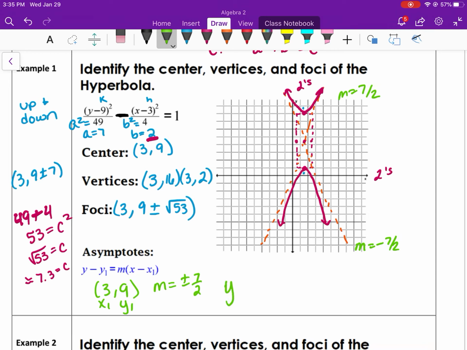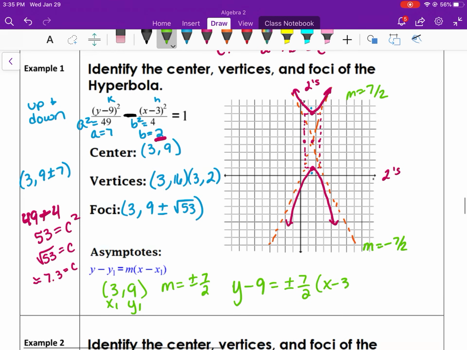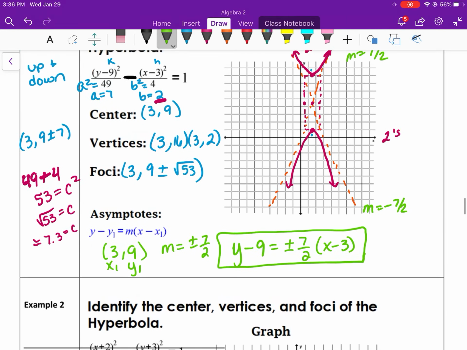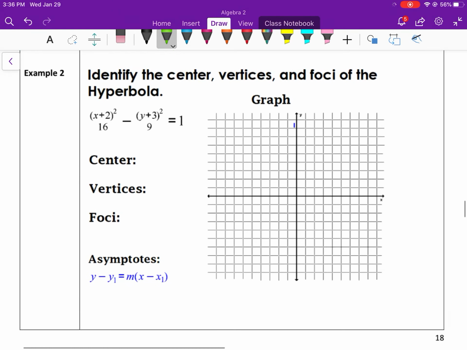So the equation of the asymptote will be y minus 9, because that's my y coordinate, equals plus or minus 7 halves, and then x minus 3. So those are the two equations for my asymptote. And that one's done. Okay, example 2.